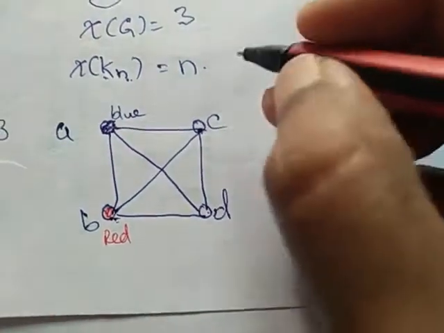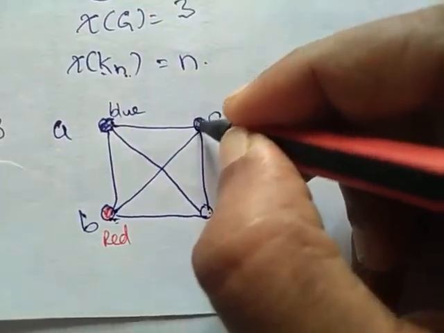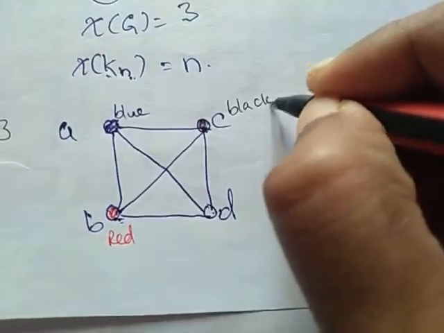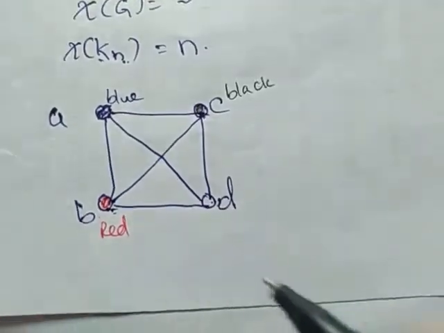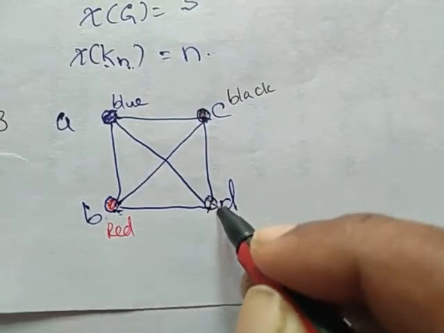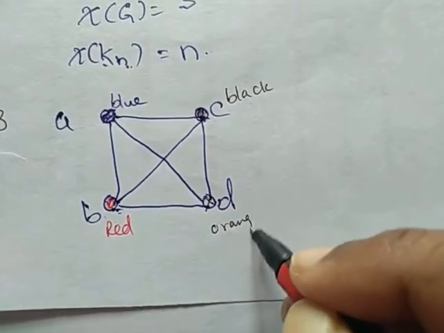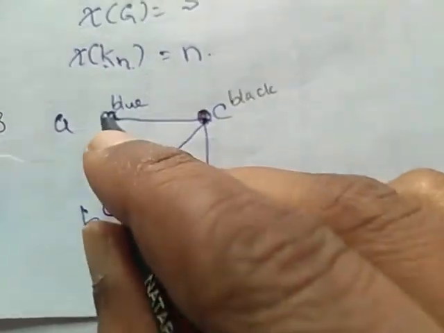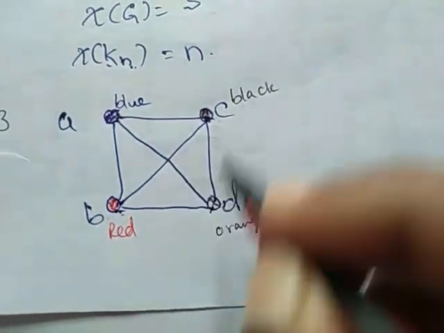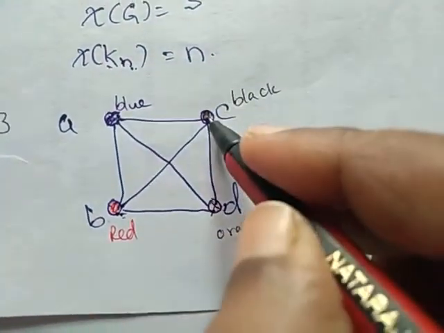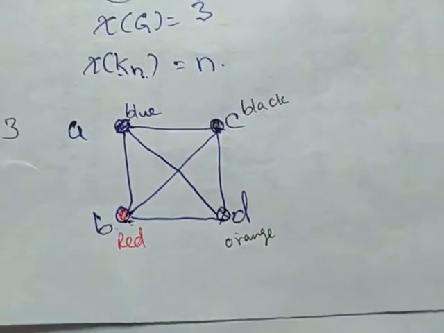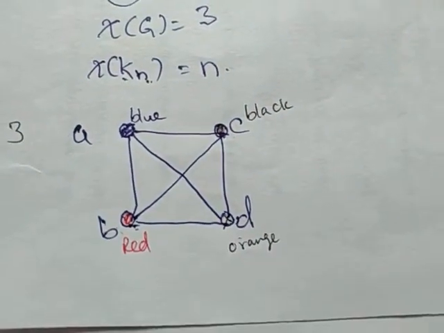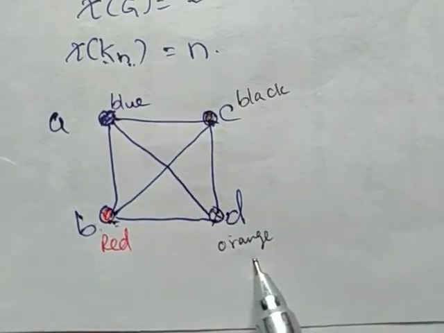Then I'll take this as black color, and this is adjacent to blue and red. And I will take this as orange. Since this vertex is adjacent to A, this vertex is adjacent to C, this vertex is adjacent to B, I cannot take blue or black or red, so I am taking orange color.